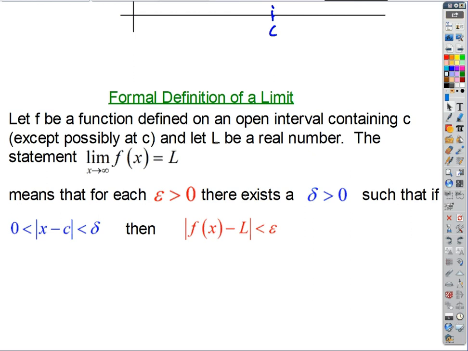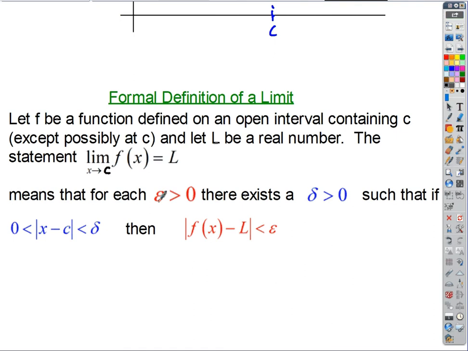the statement, the limit of f of x as x approaches C equals L, means that for each epsilon, so when we say something like that in math, we're just going to define some quantity called epsilon that's positive, right?